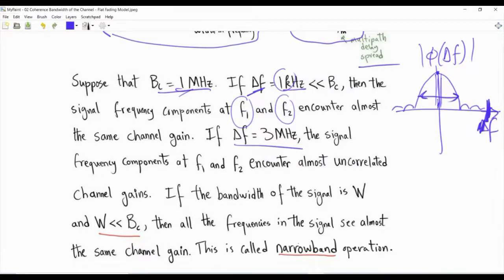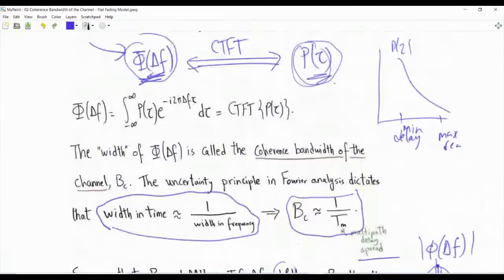Since the correlation is high for a small separation, when you study correlation, it's not different from what you studied earlier, not in this course, in 241, about the correlation function of a random process.